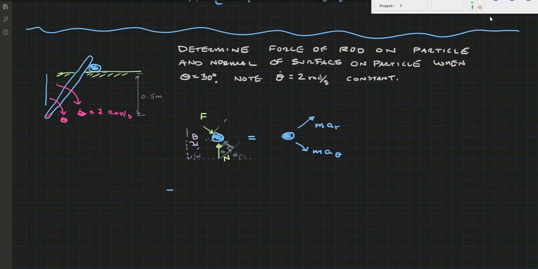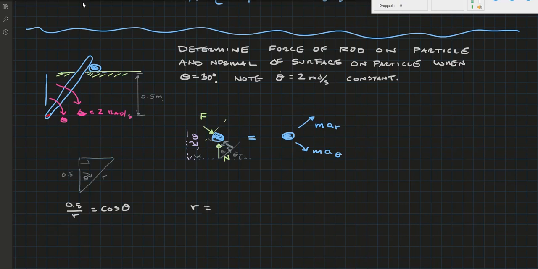If we look at this triangle here that maps out what our geometry is, then we could say that 0.5 over r equals the cosine of theta. There we go. Now we've got r in terms of theta.